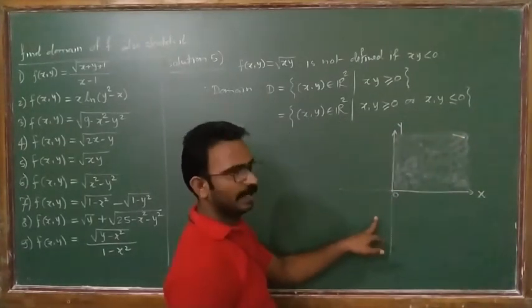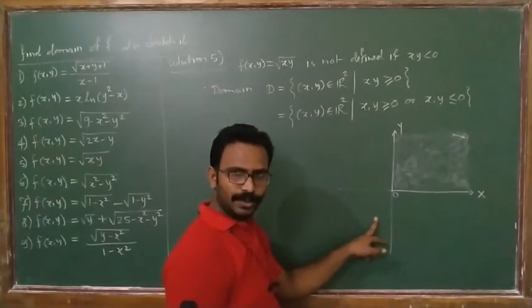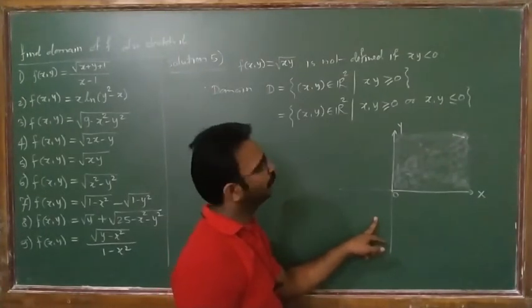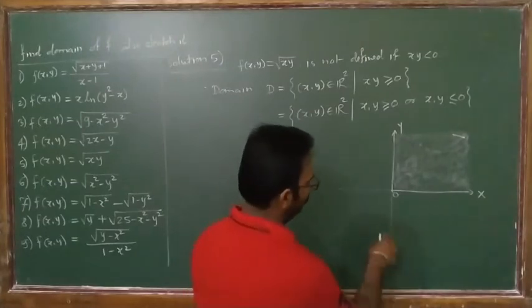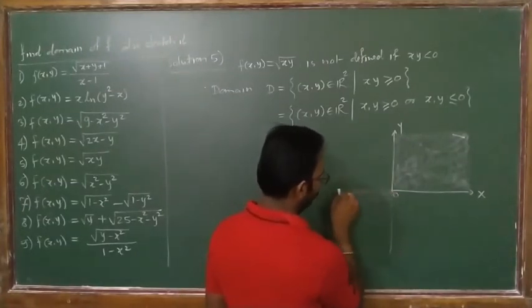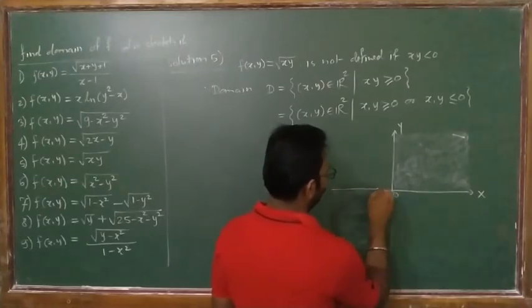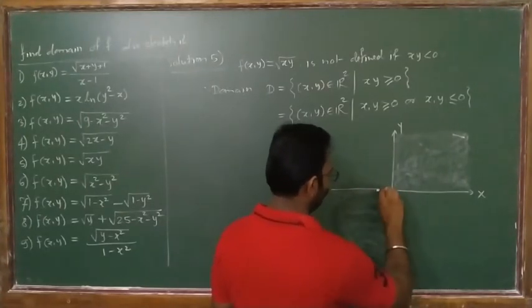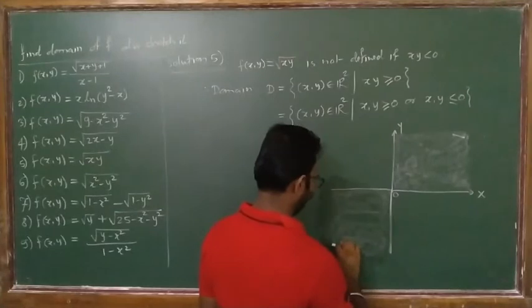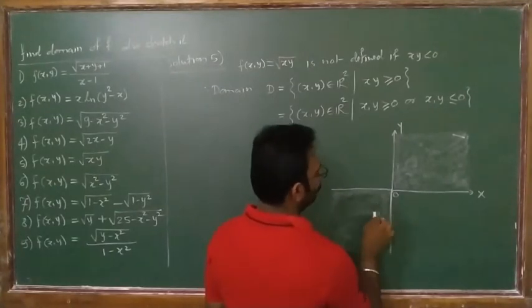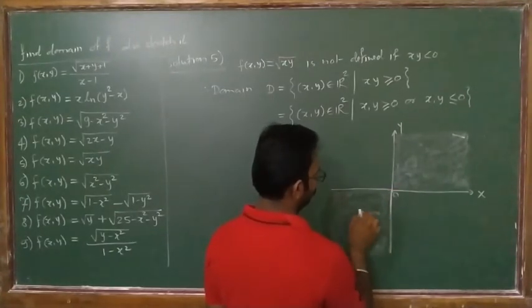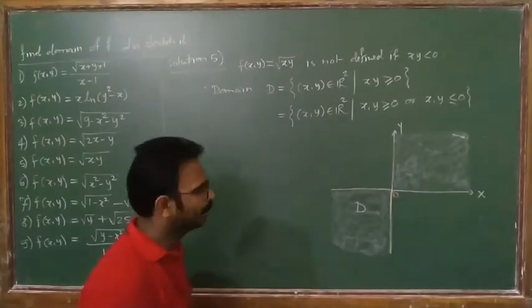And in the third quadrant, both the coordinates have negative sign. Both the coordinates are negative. So here also we should consider the boundary. That means negative x-axis and negative y-axis. So the union of these two regions is the domain.